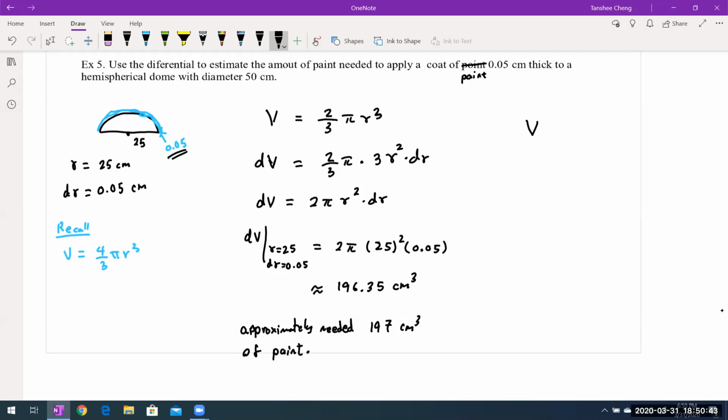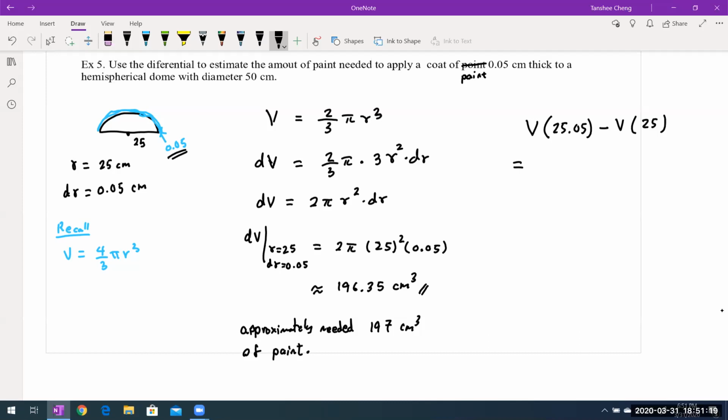That means we want to find the volume of the hemisphere with the radius of 25.05, that's the whole thing, minus the volume at radius 25, which is before you paint it. The difference should be close to this differential that we found as an approximation, because that's very, very close, since we only want 0.05 thickness.